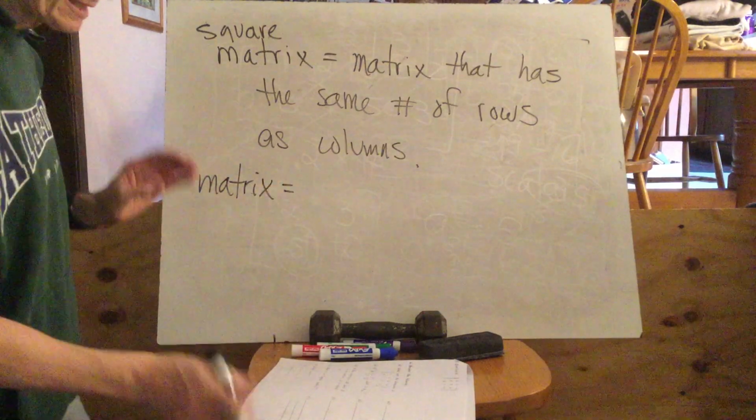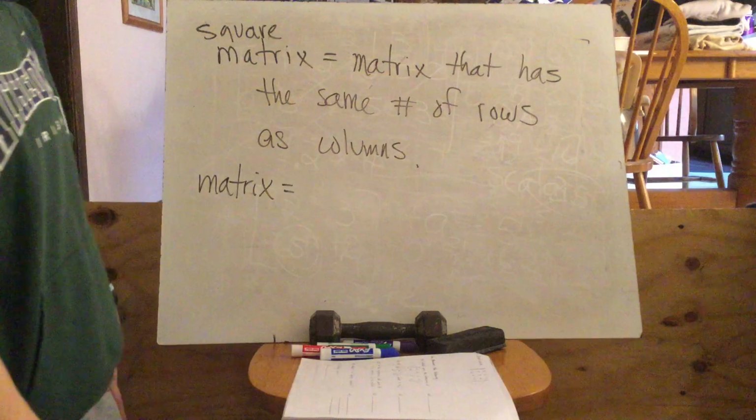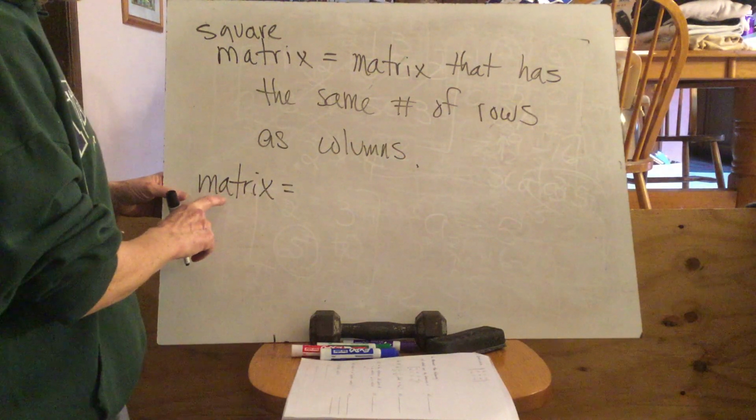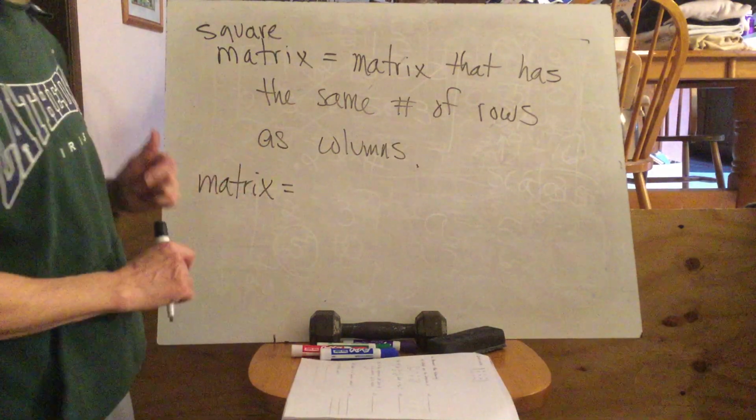Now, what's a matrix? So again, all these definitions are in your notes. Feel free to get them out and study them. This whole unit is about matrices, though, so it's probably good we can define it.